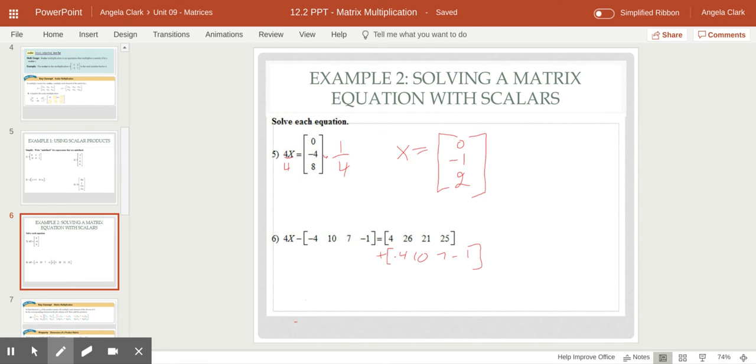Sorry, it's not lined up. So we'll have 4X equals, that's supposed to be a capital X. 4 minus 4 is 0. 26 plus 10 is 36. 21 plus 7 is 28. And 25 minus 1 is 24.